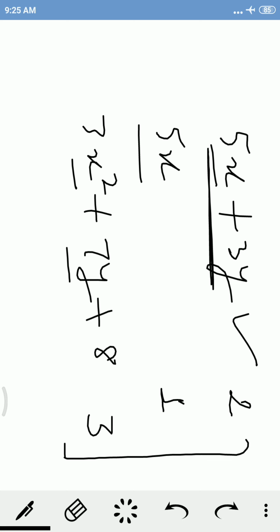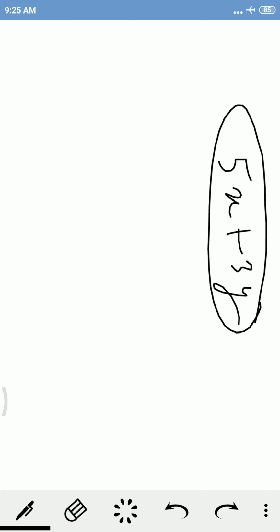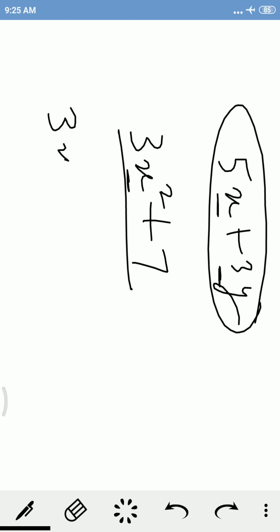Now the next thing is, what is a polynomial in one variable? When I write 5x plus 3y, it's a polynomial in two variables because there are two different variables, x and y. But if I write 3x square plus 7, it has only one variable, that is x, so it's a polynomial in one variable. Or you can write 3x square plus 5x plus 7.